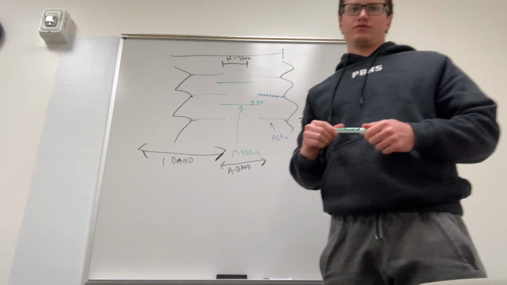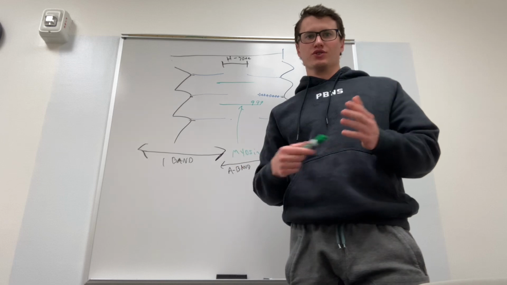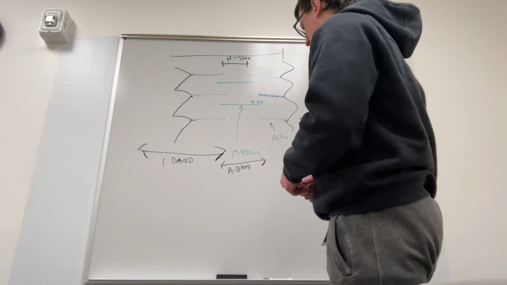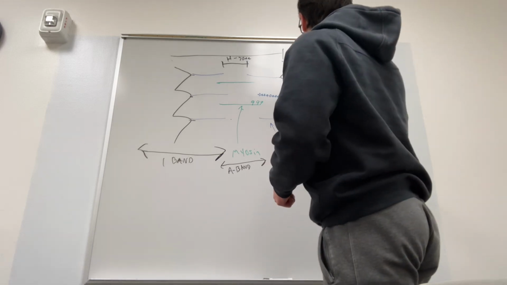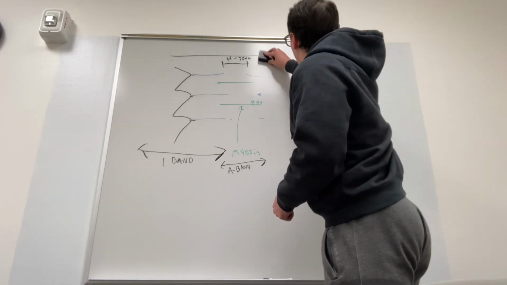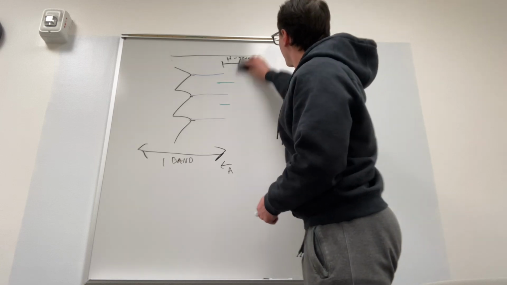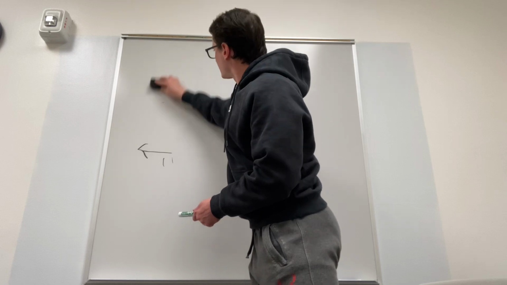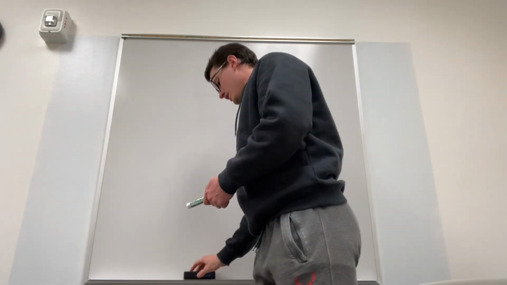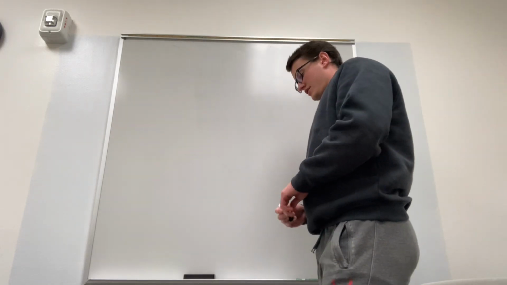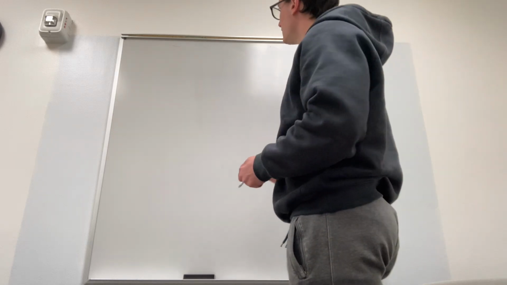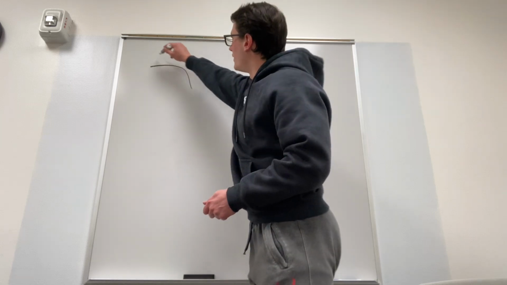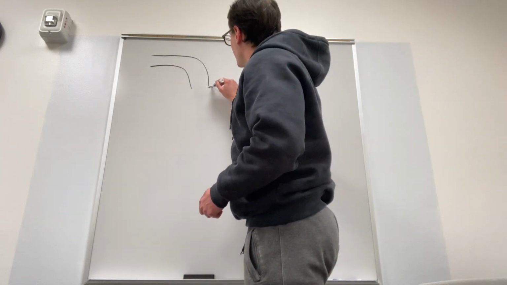So in order for an action potential to cause a muscle contraction, we're going to go back to the synapse of the neuron onto the muscle cell.